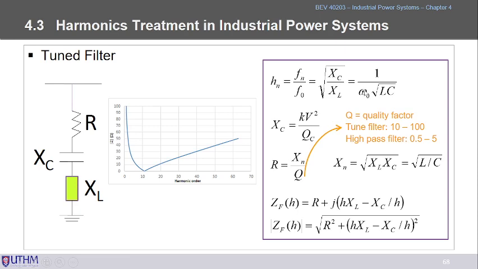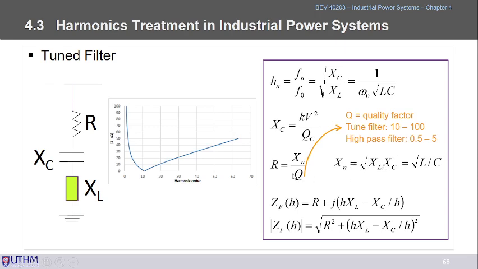XC is also equivalent to kV squared over Q, where Q is normally the kVAR or VAR, the reactive power rating of the capacitance. And R is related to Xn divided by Q, where Xn is the square root of XL multiplied by XC.